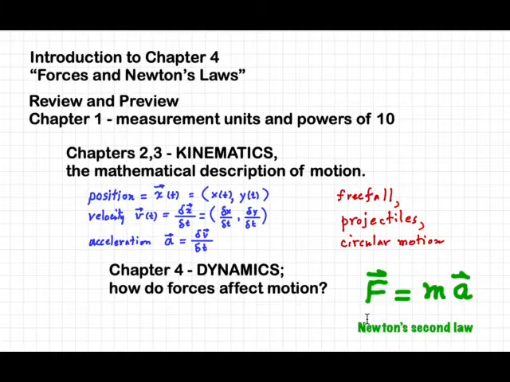Force is a push or a pull. We'll say more about that. And according to Newton's second law, this is the relation between force and acceleration. They're proportional. They're in the same direction as far as vectors are concerned. And there is a proportionality constant, which is nothing but the mass.